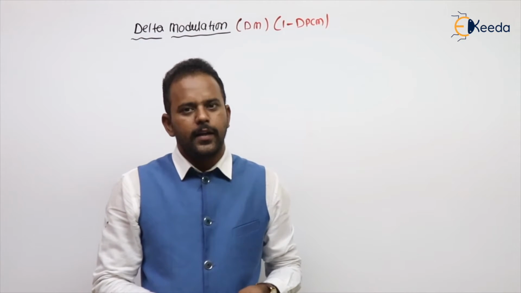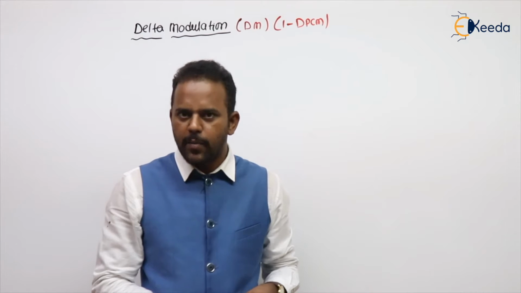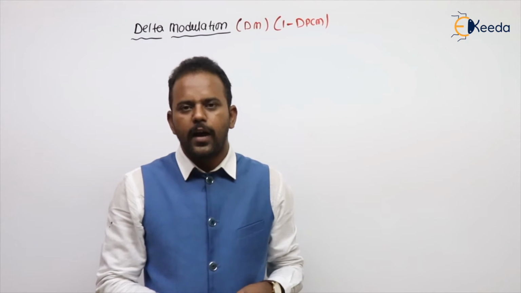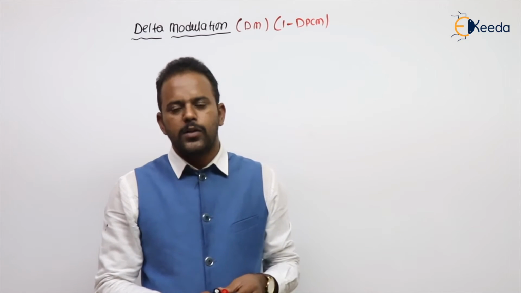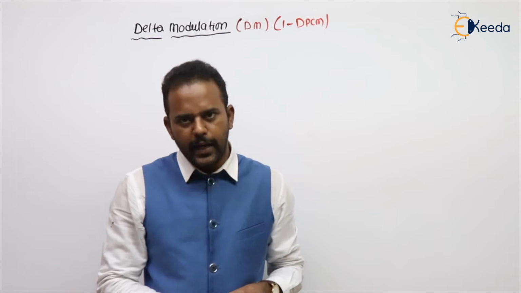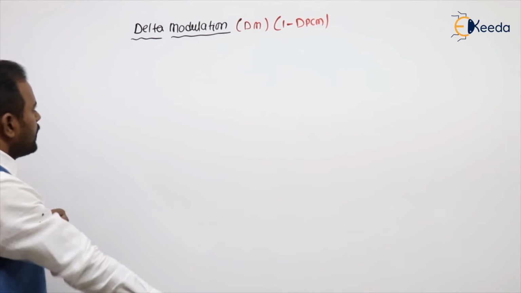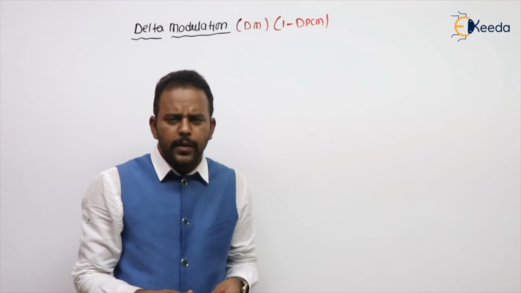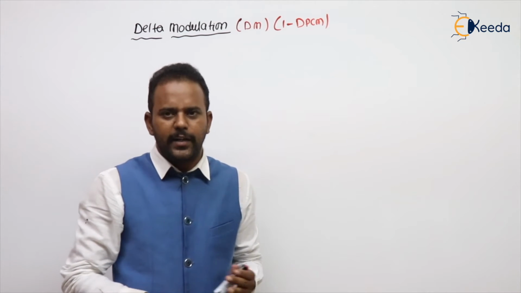Hello students, in this video we will be learning about the conditions for the optimum value of delta, slope overload and granular error. In the previous video itself I gave a hint.